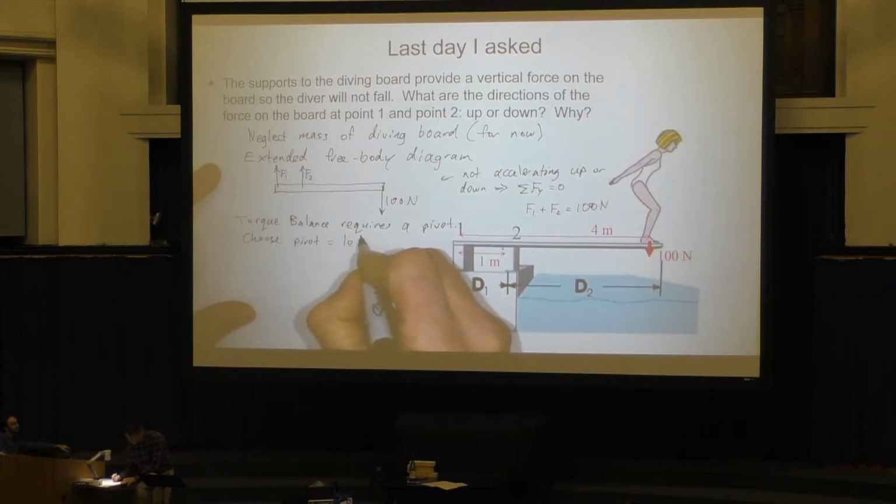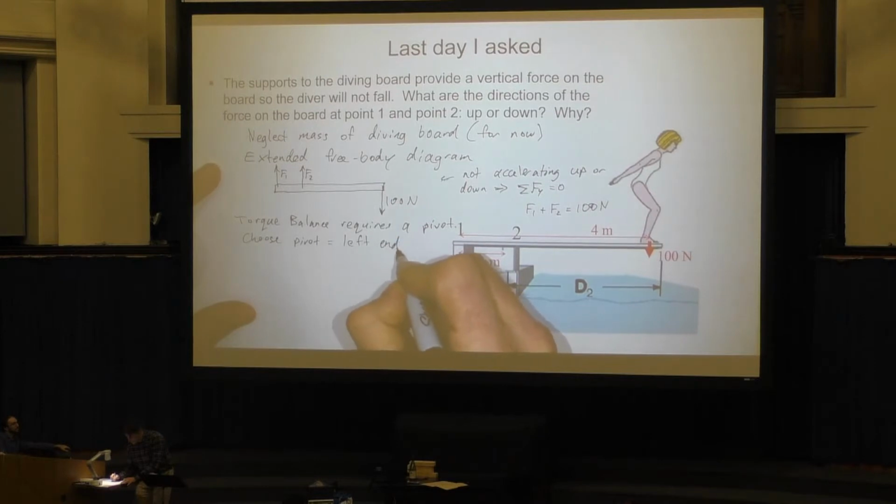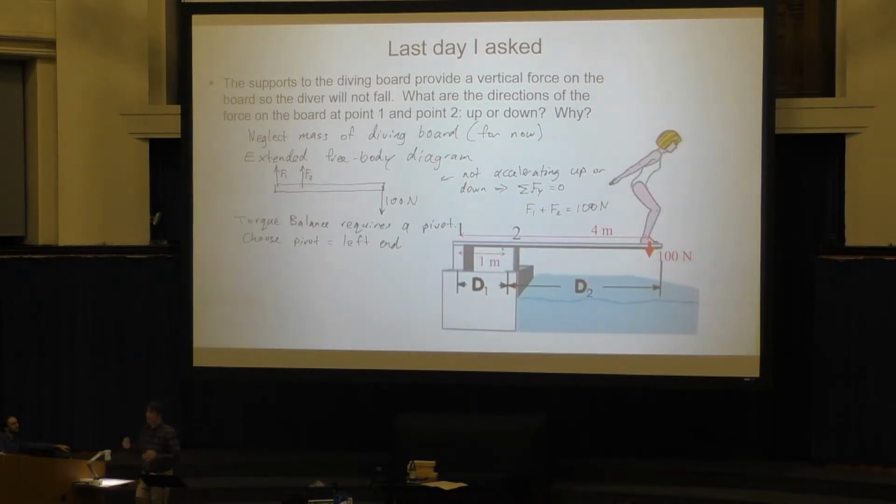Let's do left end. If I had chosen the right end, I would also get the correct answer. If I had chosen the middle, I'd get the correct answer. Since it's in static equilibrium, it's not rotating. So wherever you choose the rotation axis is fine. You usually just choose it so that the math works out nicely.